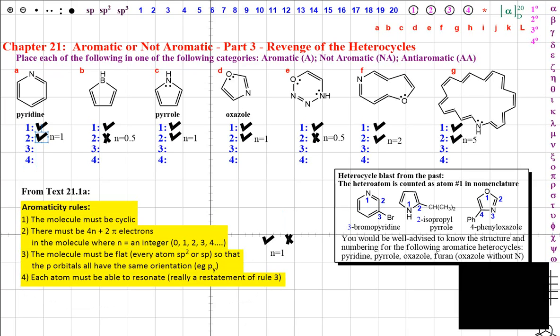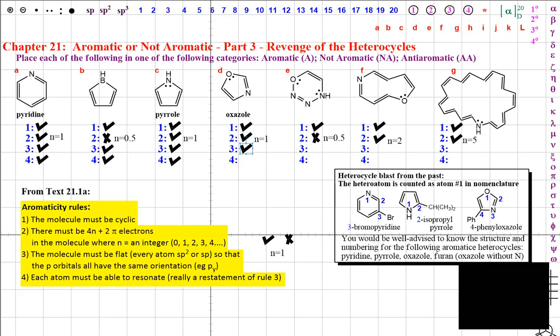Every atom is sp2 in the first molecule. Every atom is sp2 in this molecule. After rehybridization of nitrogen, we're sp2 for all the atoms. Oxygen started sp3 and rehybridized to sp2.